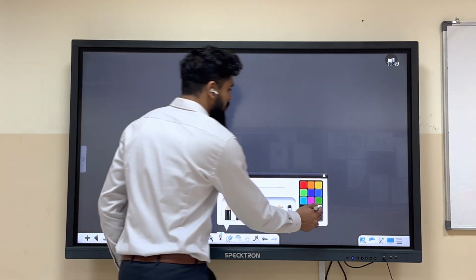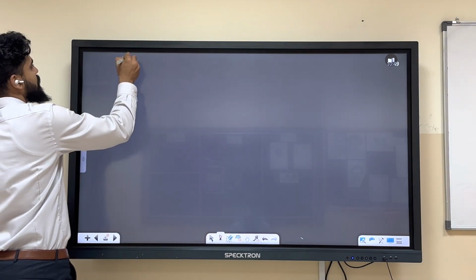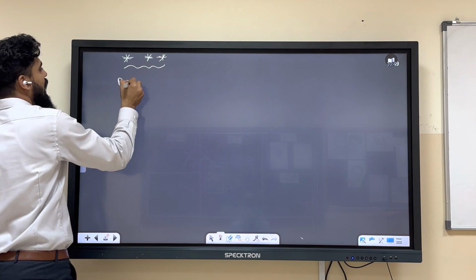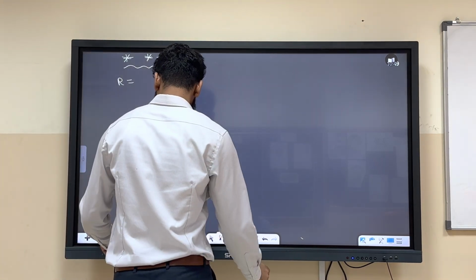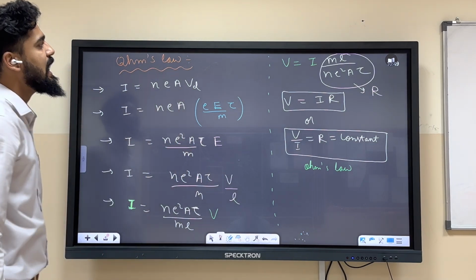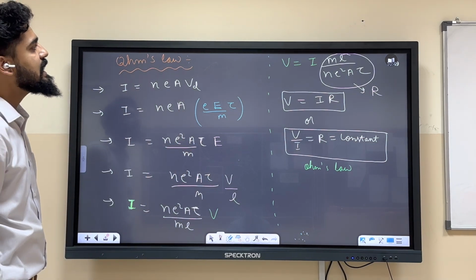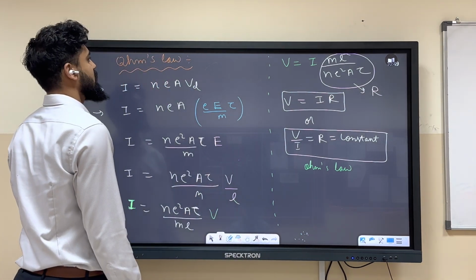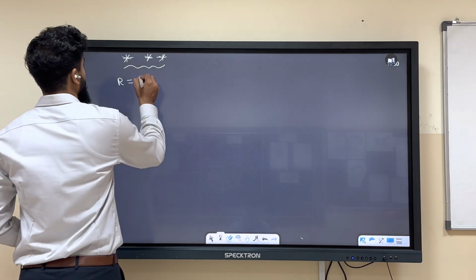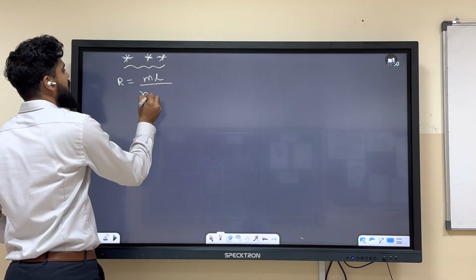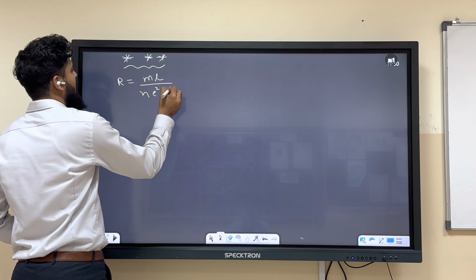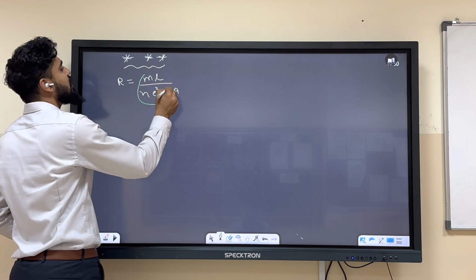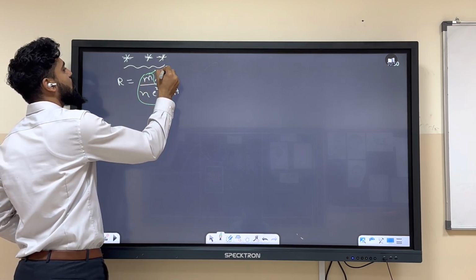So the star points that we are getting from here: R is equal to mL divided by n e square A tau, which we can write as mL upon n e square tau A. Do you know that this is known as resistivity, rho?